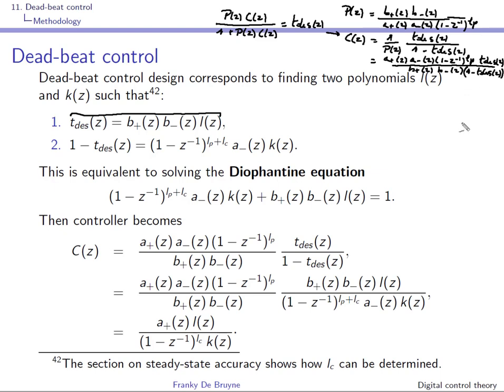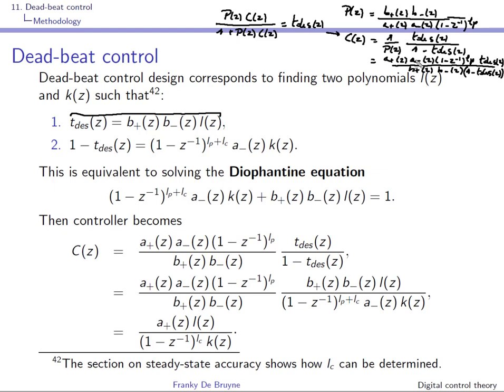Okay, so what we have to do is to make sure that there are no unstable pole zero cancellations. So what you could cancel over here is this one. But this is not a problem since you have included it in the desired polynomial. So in here the B minus will disappear from the controller.